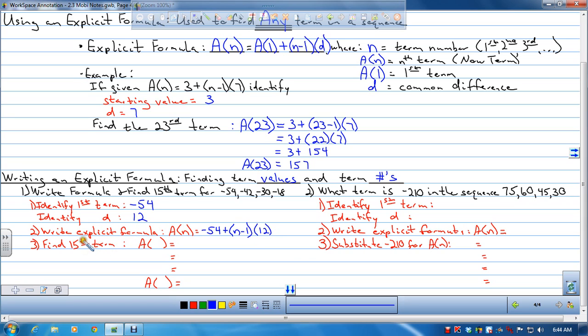So when it wants me to find the 15th term, I'm simply going to plug 15 in. Negative 54 plus 15 minus 1 times 12. Remember, to get the 15th term, I would add 12 14 times, right? So instead of adding 12 14 times, I know that repeated addition is multiplication.